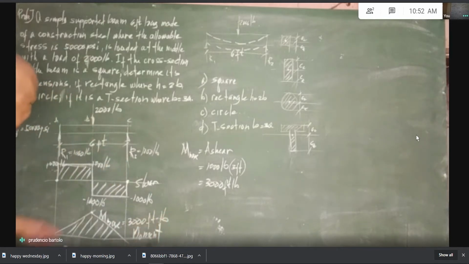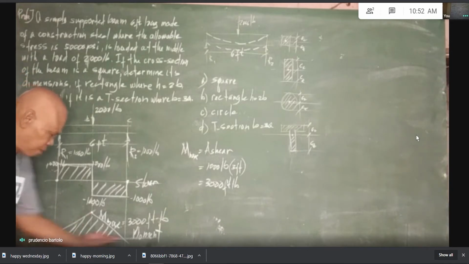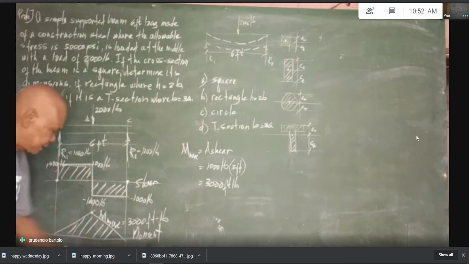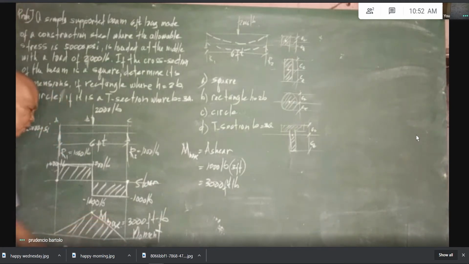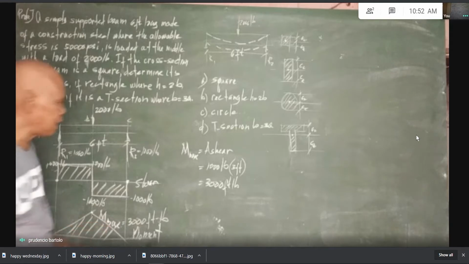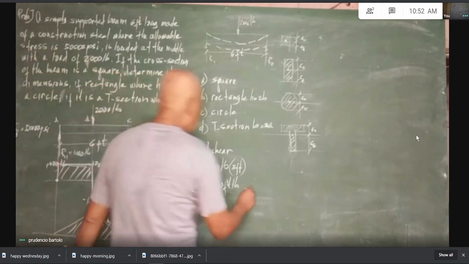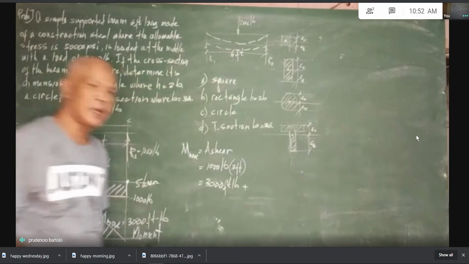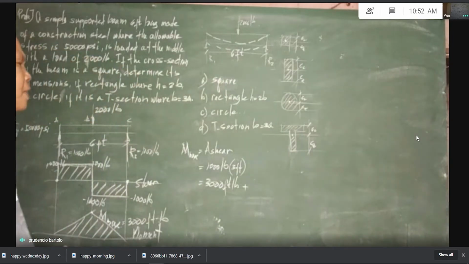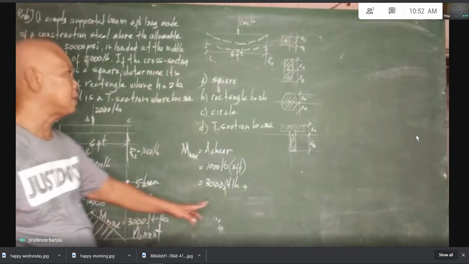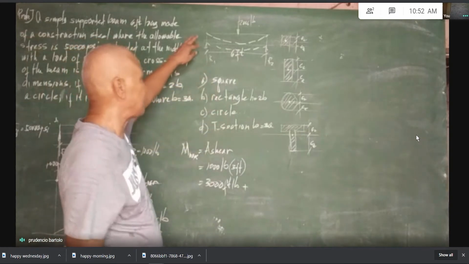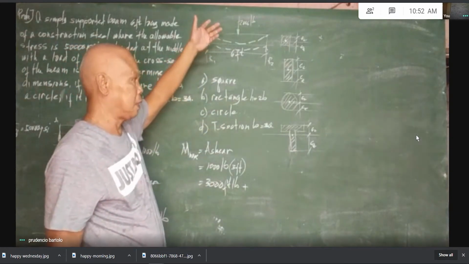And as we can see, the maximum moment is above the reference axis. So therefore, this maximum moment is now a positive moment. If it is a positive moment, it will concave upward.